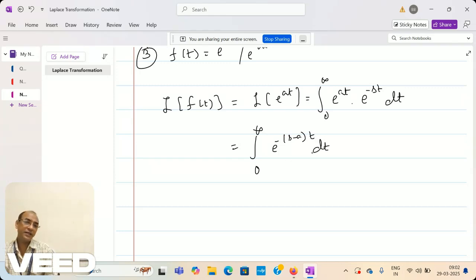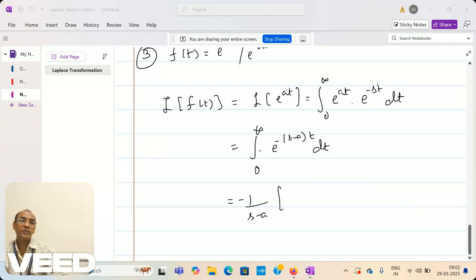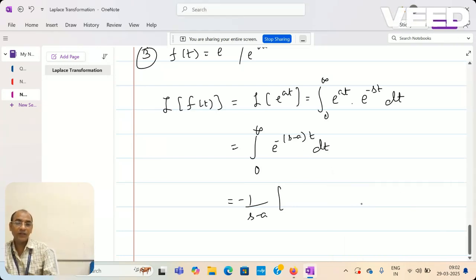So when we integrate it with respect to t, s minus a will be constant, and so the integration of this will be minus 1 by s minus a, times e to the power minus (s minus a) t, and the integration limits are 0 to infinity.